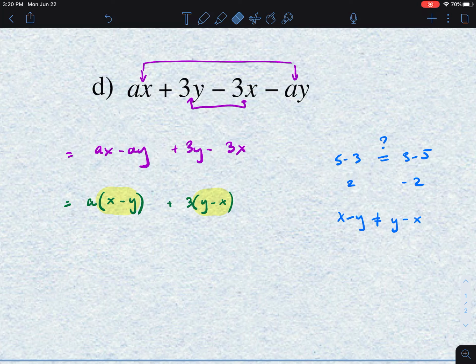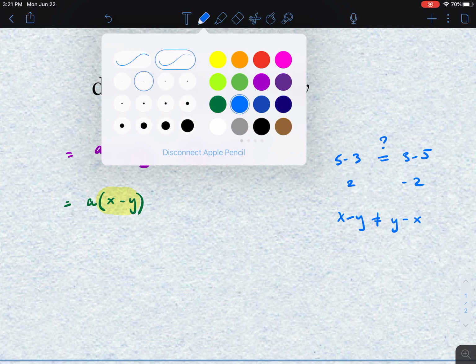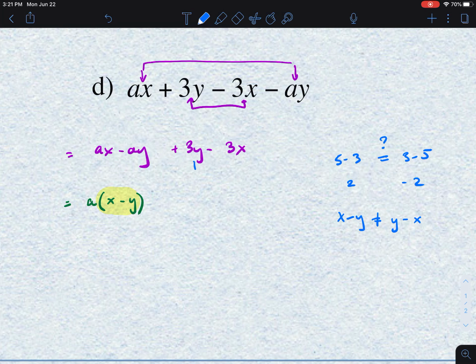Well, what we can do in this step is factor out a negative 3 as the GCF. If I factor out negative 3, I'm going to get a negative y here, because negative 3 times negative y is positive 3y.